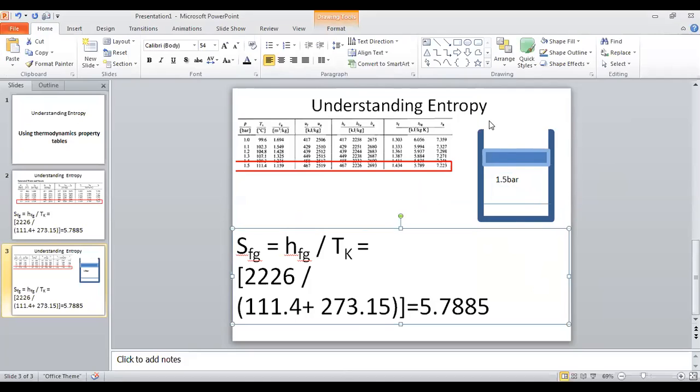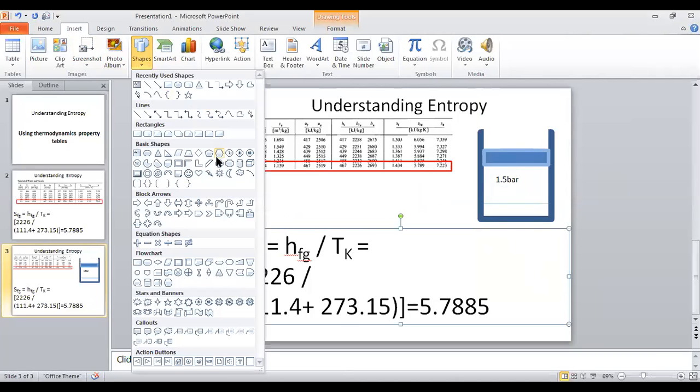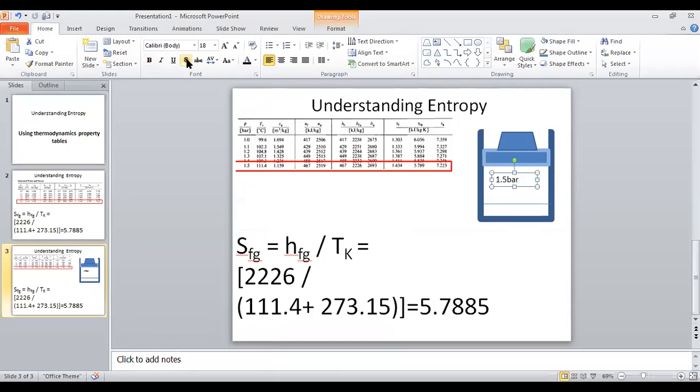The same pressure is maintained by putting a weight on top, just to match 1.5 bar. And this is sealed but with no friction. Frictionless piston, fully sealed water-steam enclosure.